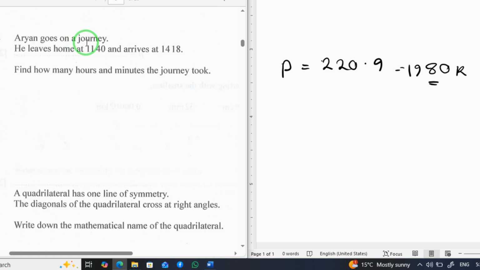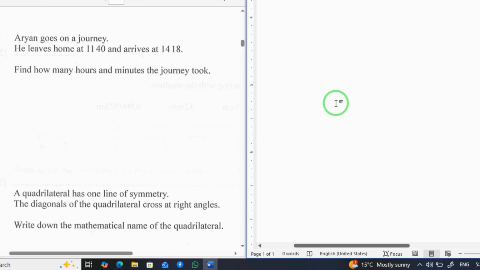So next question. Aryan goes on a journey. He leaves home at 11:40 and arrives at 14:18. Find out how many hours and minutes the journey took. Let's solve this one.